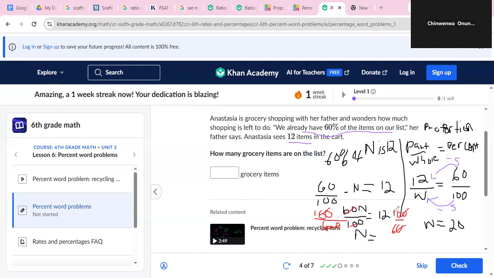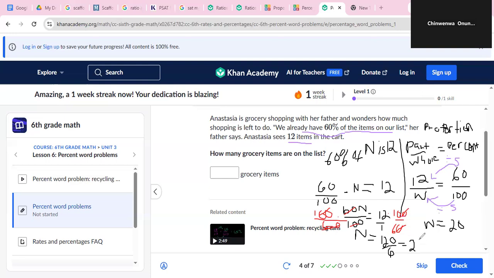So it just becomes 12 times 10 over 6. Rewrite this 12 as 12 over 1 and just multiply across: 12 over 1 times 10 over 6. 12 times 10 is 120 over 1 times 6, which is 6. 120 divided by 6 is 20.